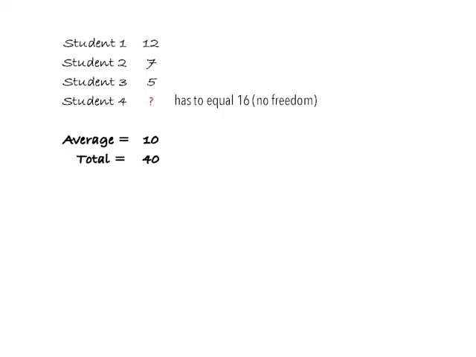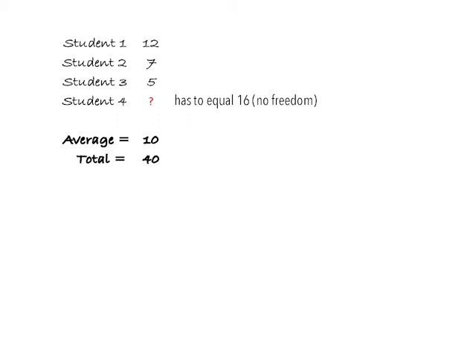For the first student, Nate, give us a score between 5 to 15. 12. Okay, so the first student scored 12. The second student, Lauren. 7. The second student scored 7 points. And the third student, Mary. 5. Okay, so we have 12, 7, and 5.